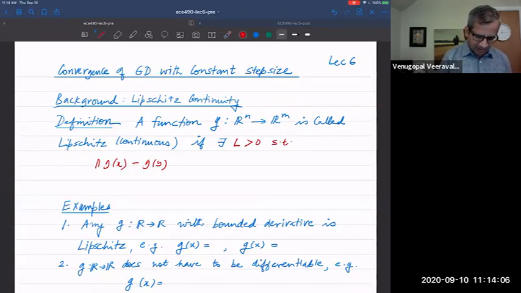So rather than taking the absolute value, I'll take the norm of the difference between these two. And this is less than or equal to L times the norm of the difference between x and y, for all x, y in Rn. Okay, and this L is called the Lipschitz constant.